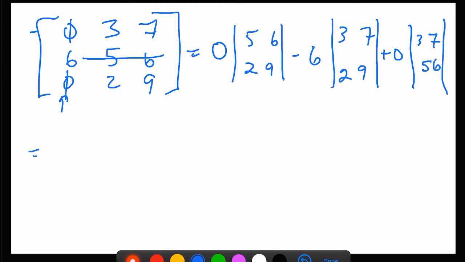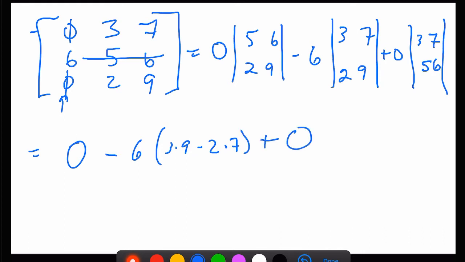That equals 0 minus 6 times (3 times 9 minus 2 times 7) plus 0. Now you're cooking. So that equals minus 6 times 27 minus 14.